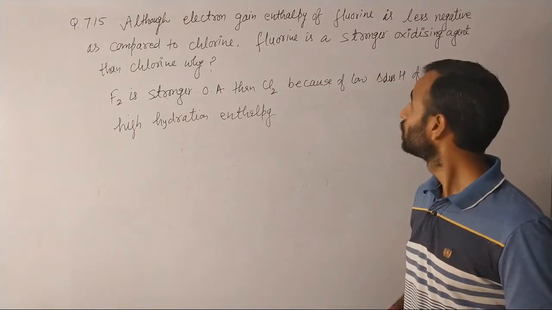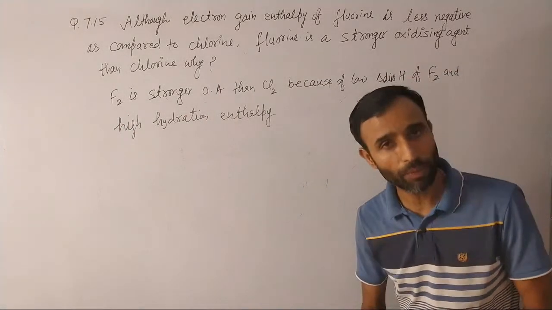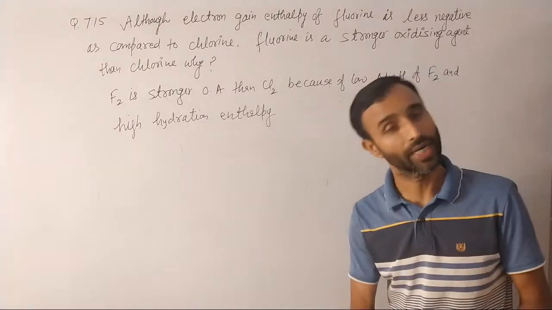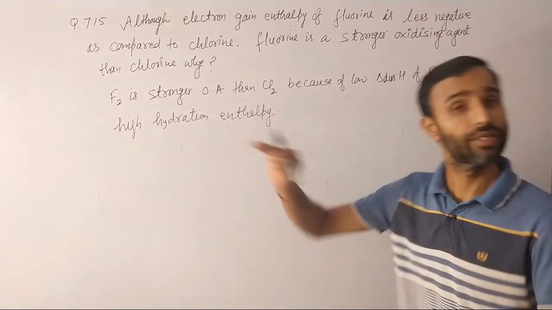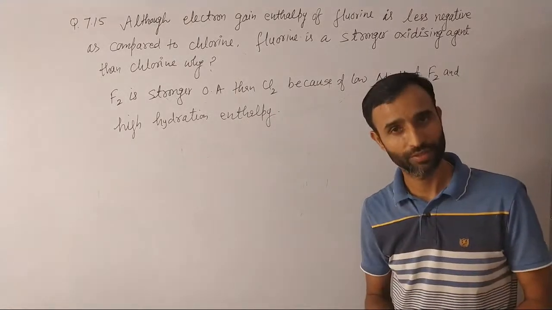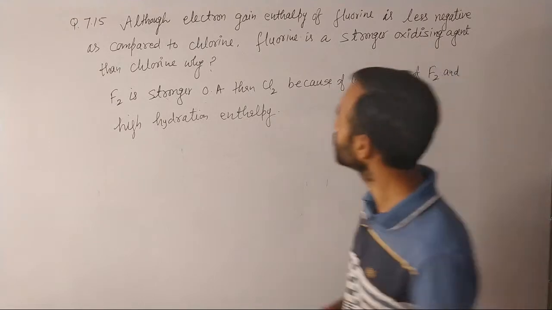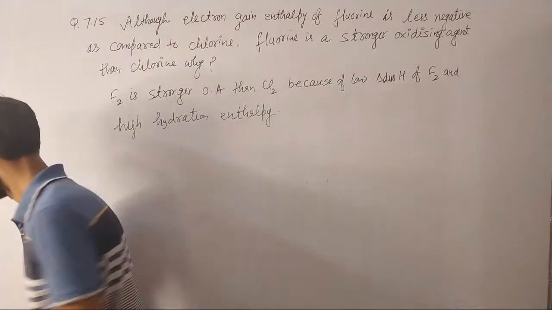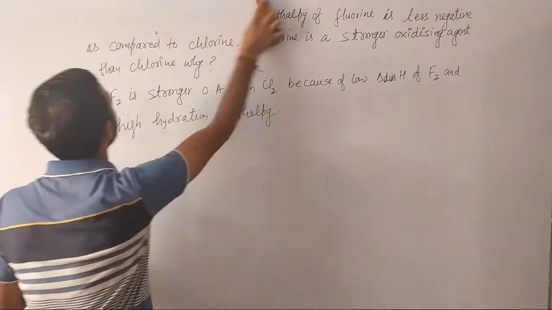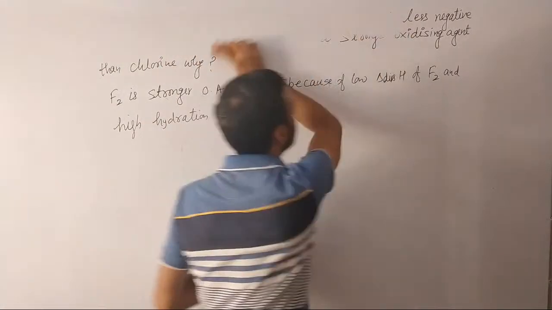Because of low bond dissociation enthalpy and high hydration enthalpy. So this is the right answer for it. Done? So this is question number 15. Now come to question number 16.